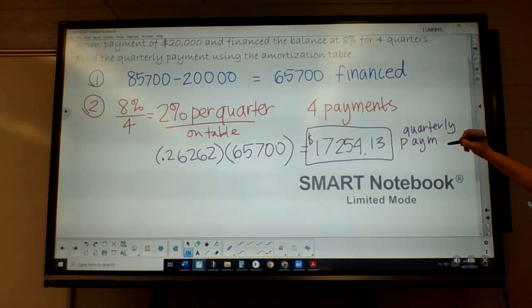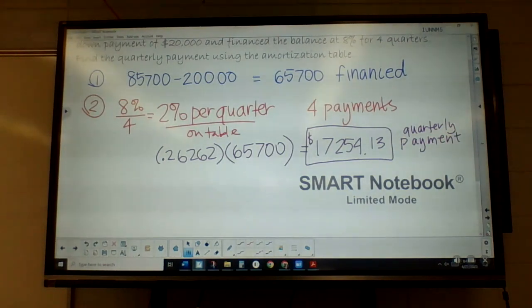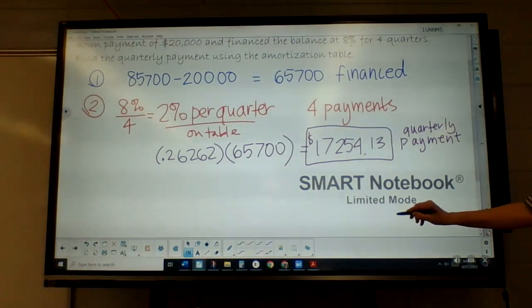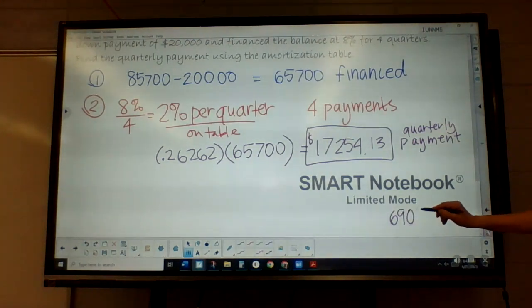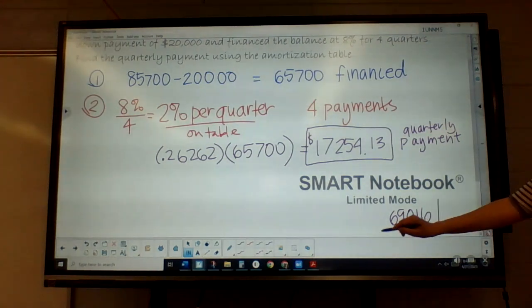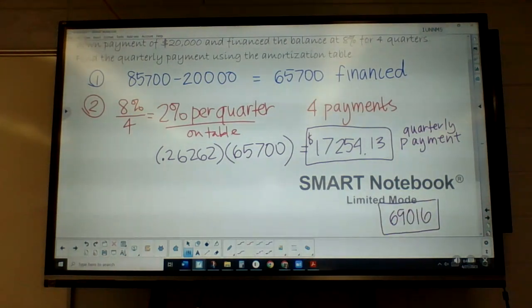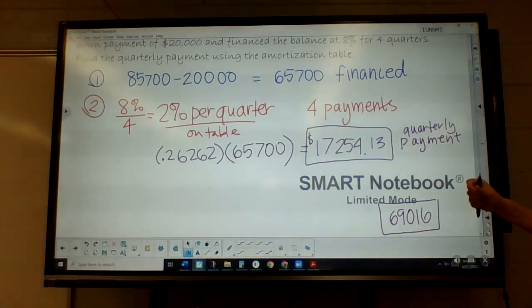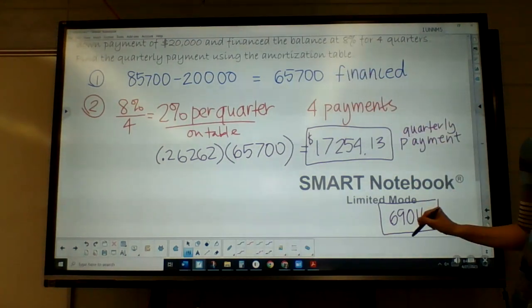Now I'm just going to show you guys real quick. Now I don't know if it asks this. So if I multiply that by 4, guys, what they're totally paying is $69,016. That means for taking this loan for just the year, they're paying an extra $4,000.